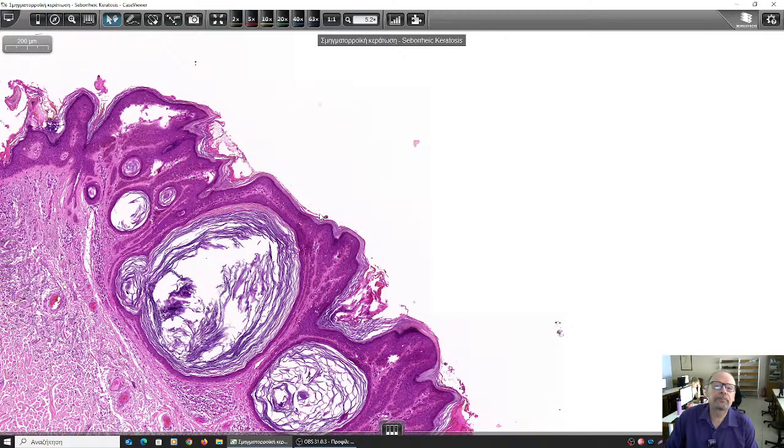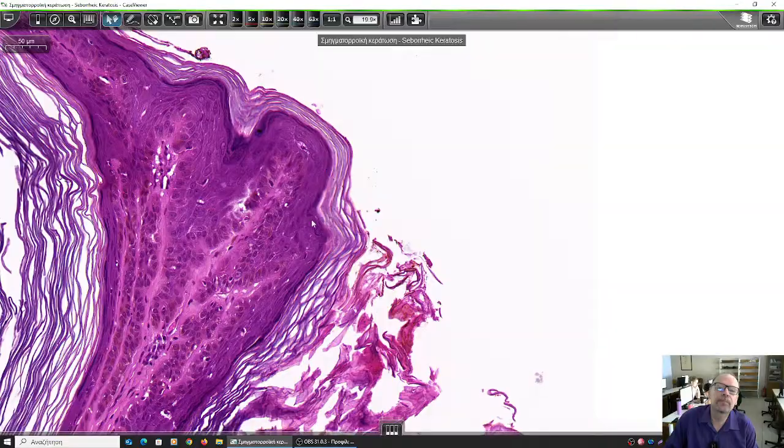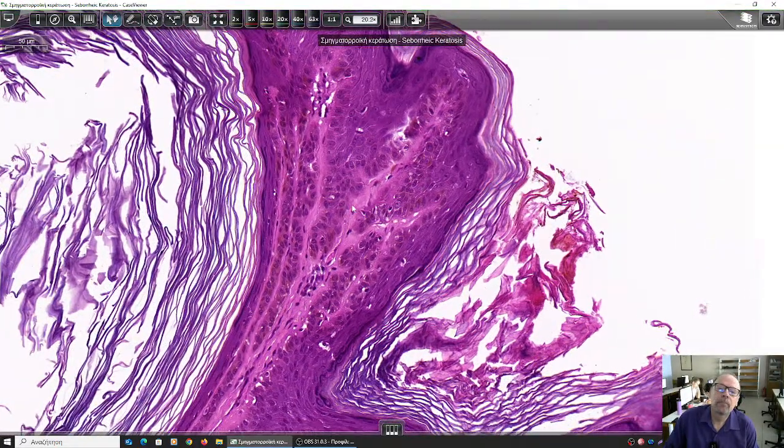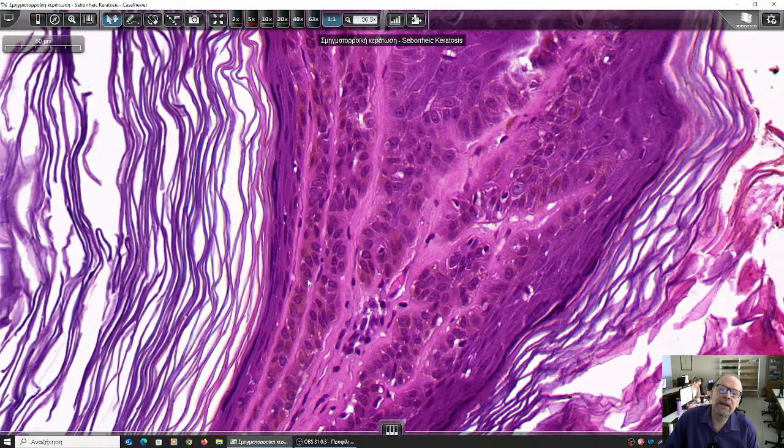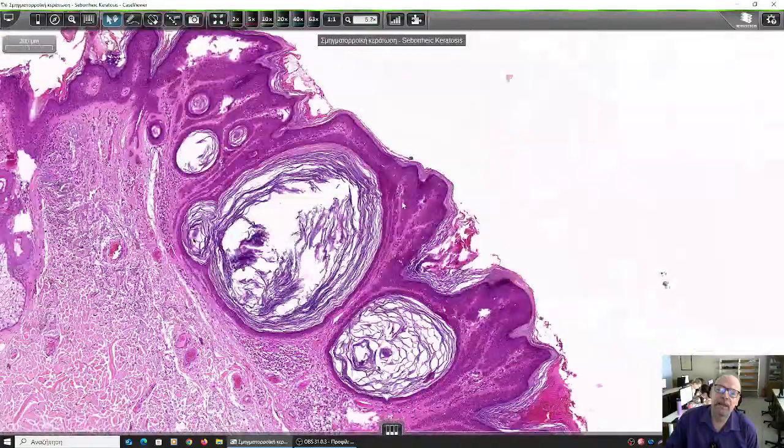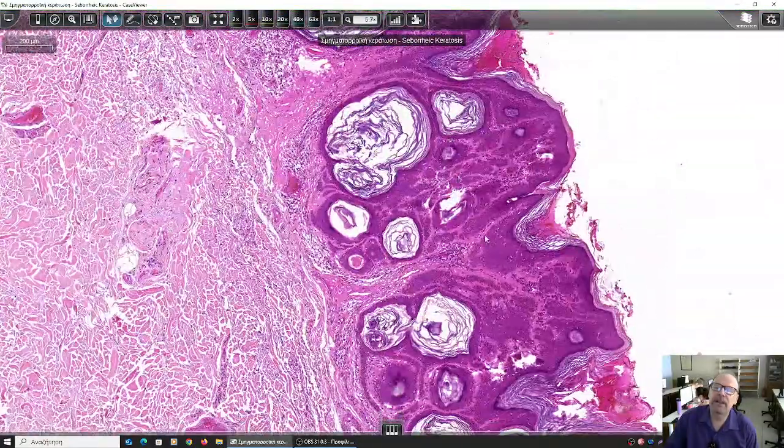So, let's have a look at the cells. You see here they have some color, a brown color. That's due to melanin pigment here in the basal cells.